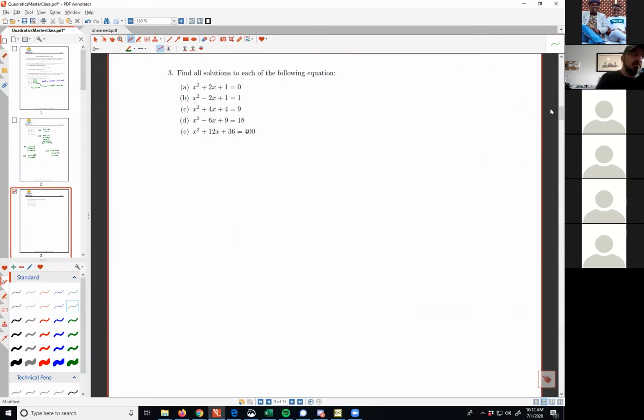Can we take the square root with these? We'd have to factorize first. How do we rewrite part A? X plus 1 squared. X minus 1 squared.